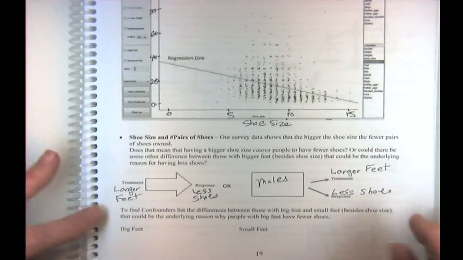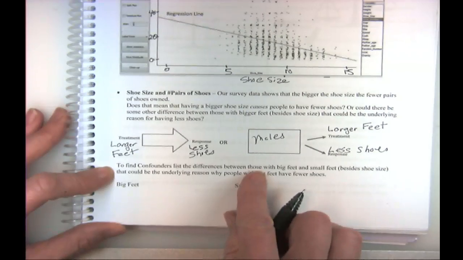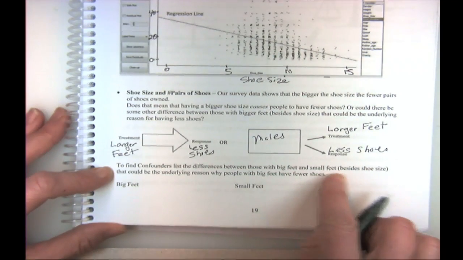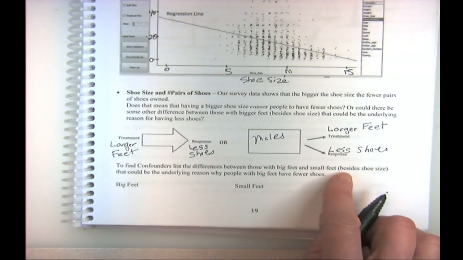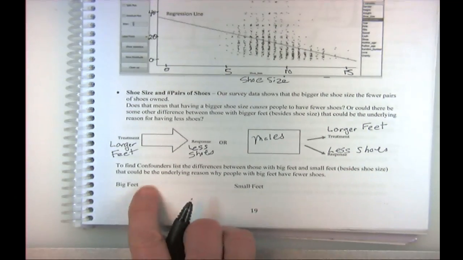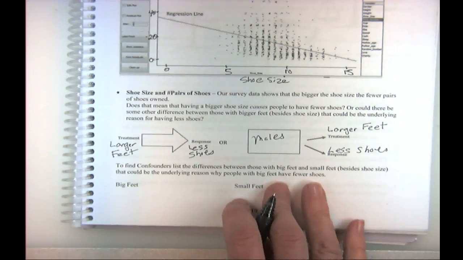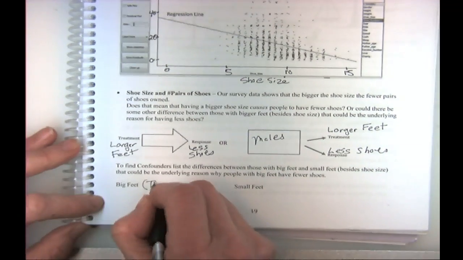All right? To find the confounders, let's just do it the way we've always been doing it. You list the differences between those with big feet and those with small feet besides the treatment, before the treatment, all right? That could be the underlying reason why people with big feet have fewer shoes. So here we'll call this the treatment group.